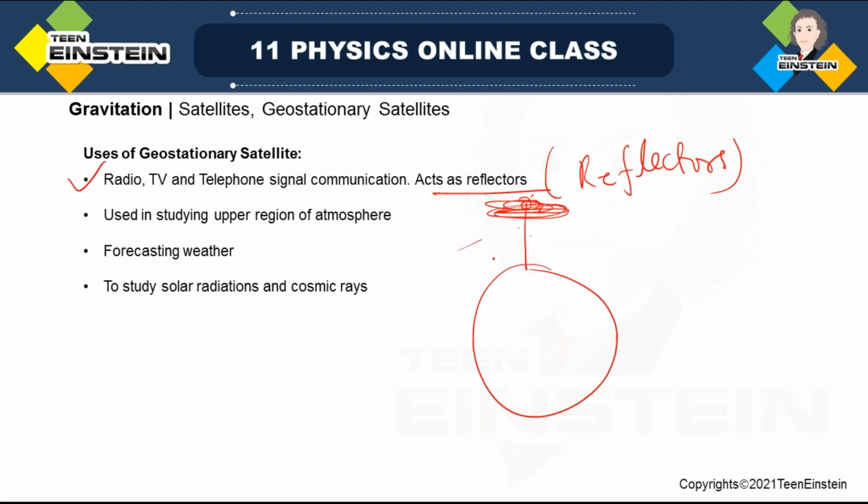Then this geostationary satellite also helps us get various news about weather, and forecasting of weather is actually done by getting the data from the geostationary satellite itself.